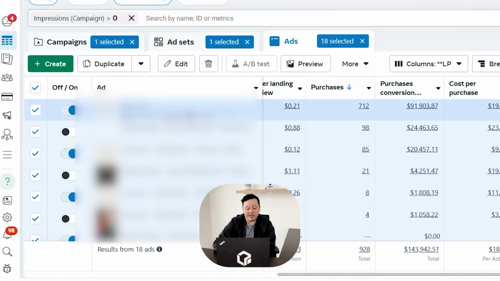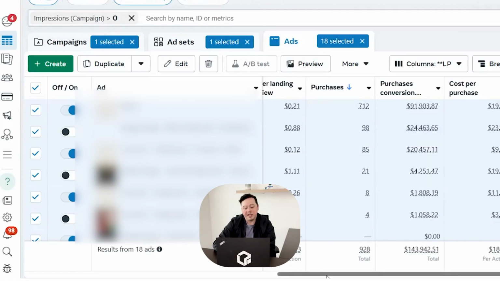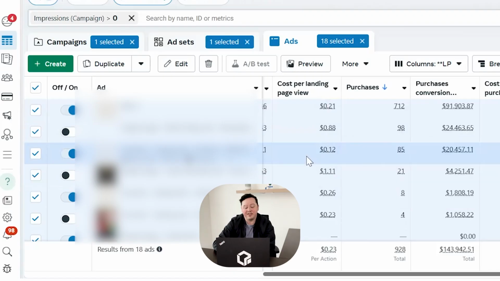And so what we recommended for these folks is to completely isolate your DPAs away from your creative assets so that you can fully understand what those creatives are doing, as well as really understanding what the DPA ads are able to do in providing those cheap cost per clicks. Because one thing you will notice, DPA ads generally have a much lower cost per click, which is why they will get favored in Meta's algorithm.